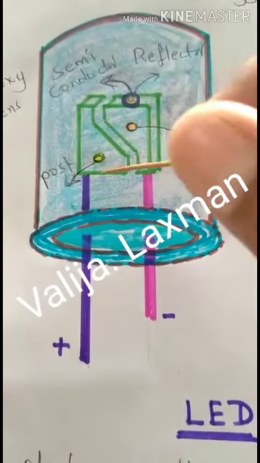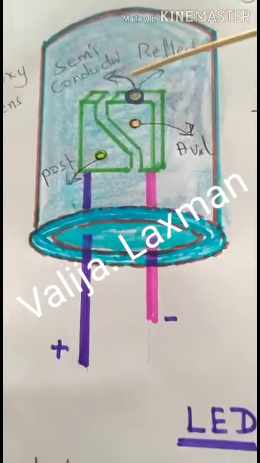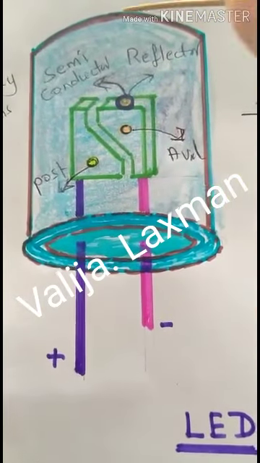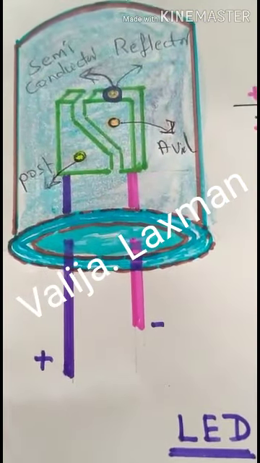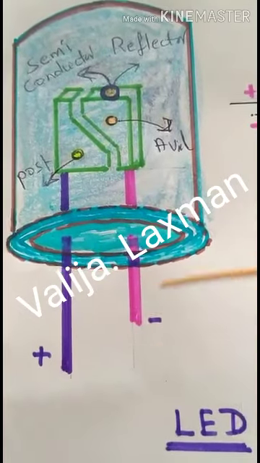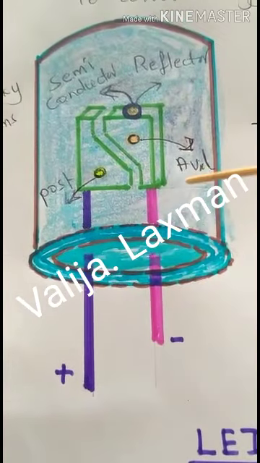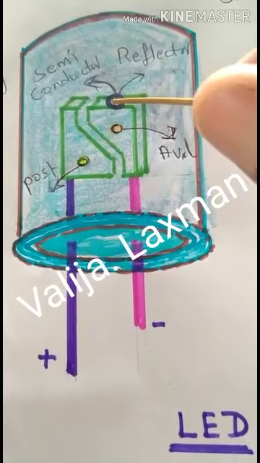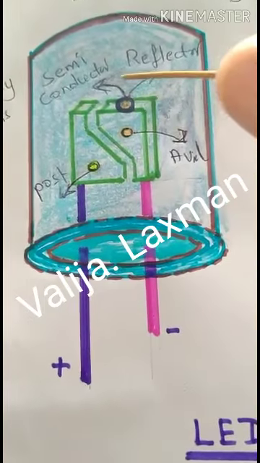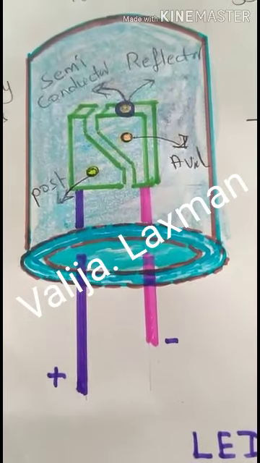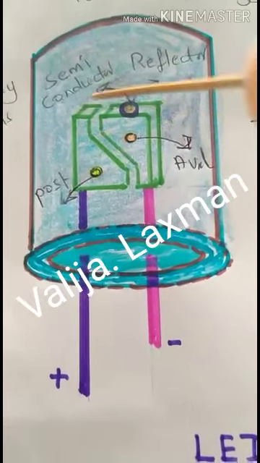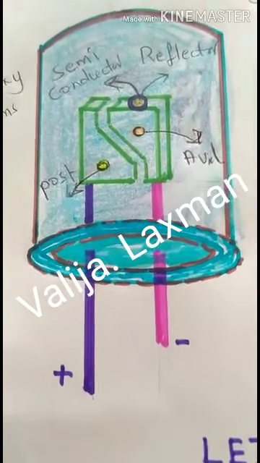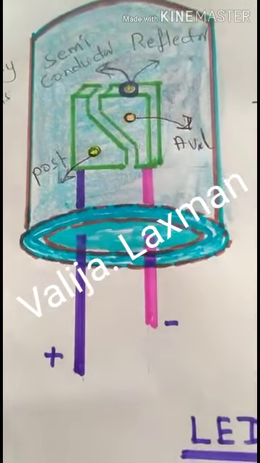The total arrangement is placed inside a glass capsule called the epoxy glass lens. Whenever current is passed through these two wires, the light is emitted and liberated in all directions out of the glass epoxy surface.